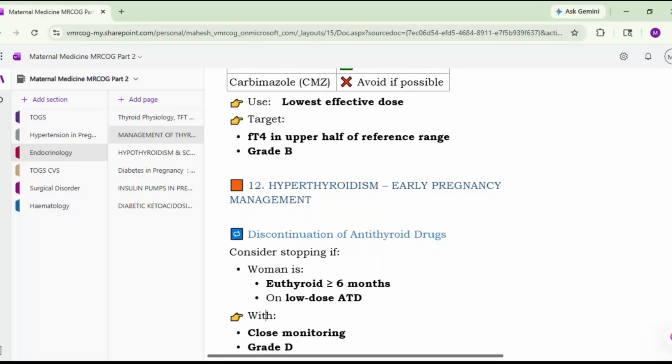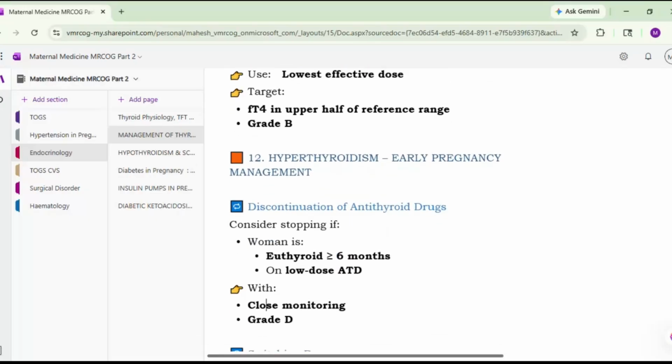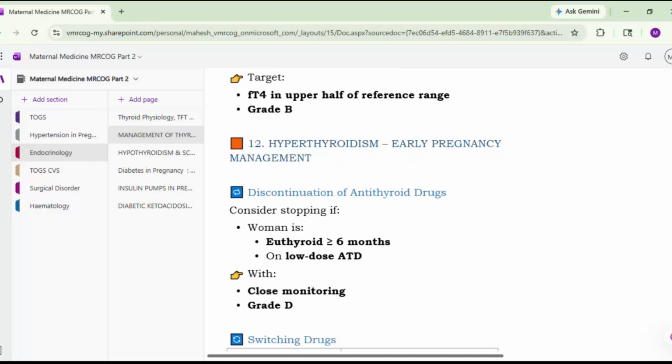Okay. Now you have got a hyperthyroidism, and she is in early pregnancy. First, what we have seen, pre-pregnancy hyperthyroidism, and she wants to conceive, we will go for propylthiouracil. So hyperthyroidism and early pregnancy, discontinuation of the antithyroid drugs will be considered only if she is already hyperthyroid and she is presenting in early pregnancy.